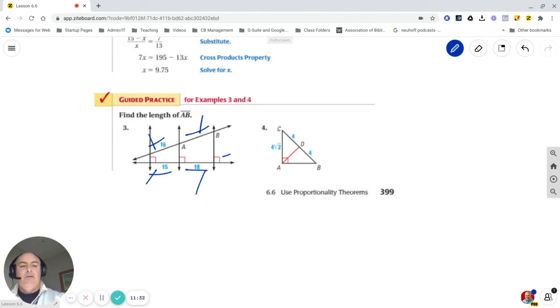Whichever approach I recognize and I feel most confident with, I'm able to use because, again, when I cross multiply, I can change from going down to going across.